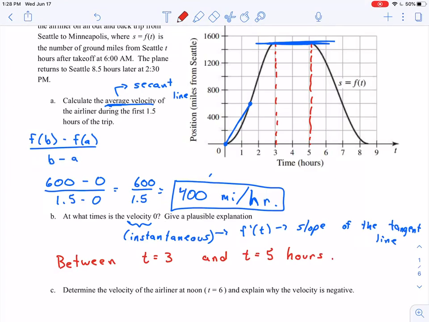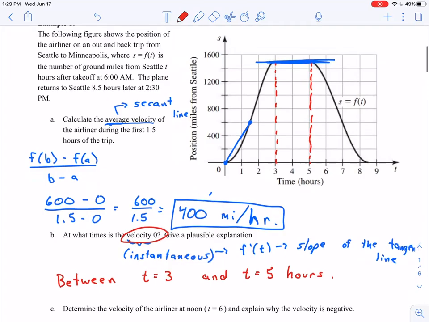It also says, hey, give a plausible explanation. So talk about why the velocity could be 0. So let's think about this. If the velocity is equal to 0, I want to think about where my plane is going. Well, if my velocity is 0, my plane actually isn't going anywhere. It's stationary. It's staying exactly where it is.